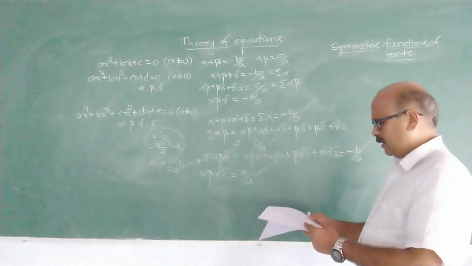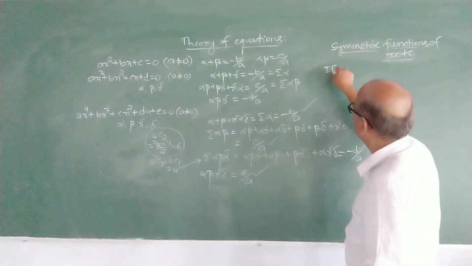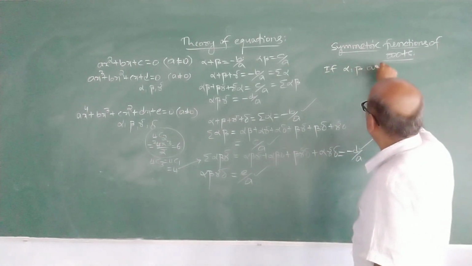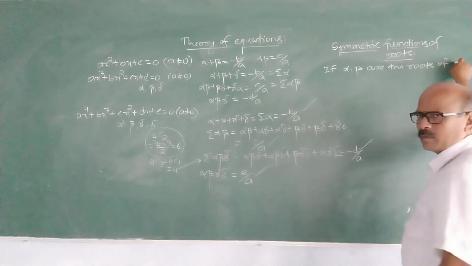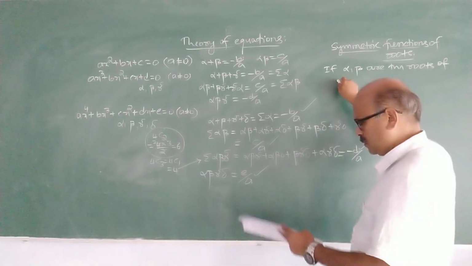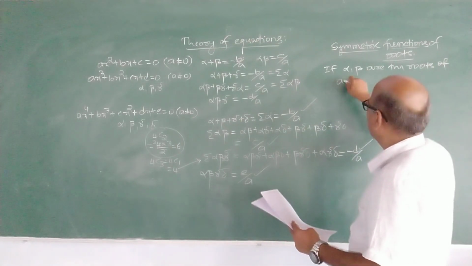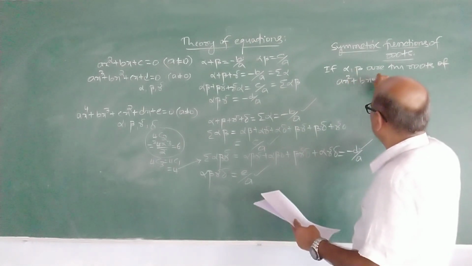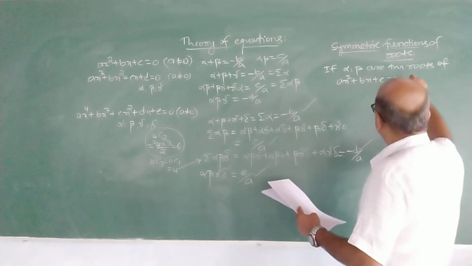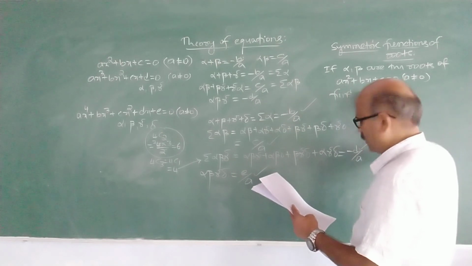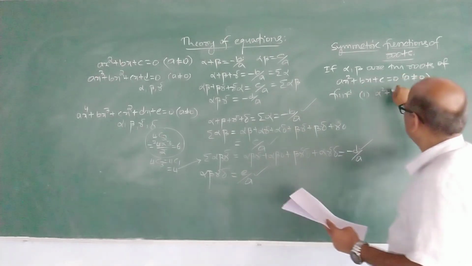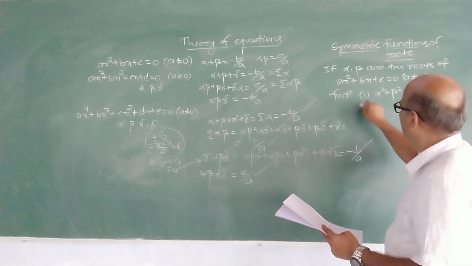If alpha, beta are the roots of the equation ax square plus bx plus c is 0, where a not equal to 0, find first, alpha square plus beta square.